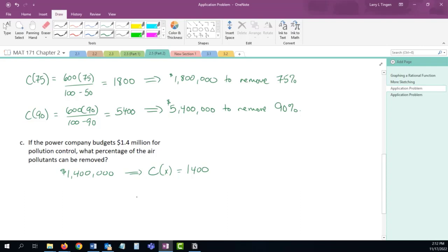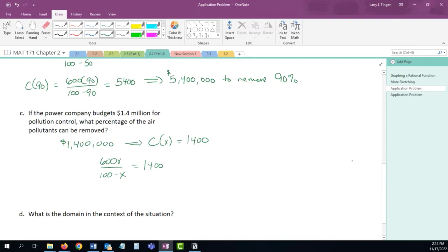So set this up. What is C of X? C of X is the equation, and the equation is 600X over 100 minus X equals 1,400. All right. Cross multiply, because that's what everybody loves to do.